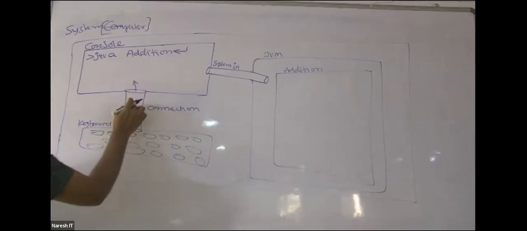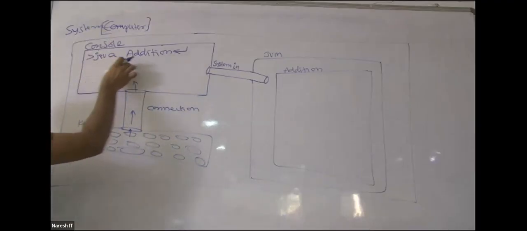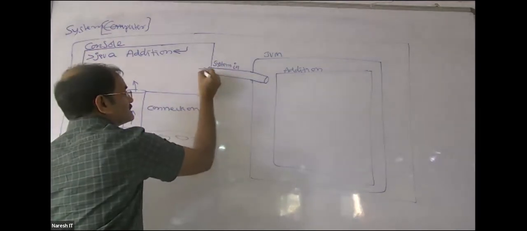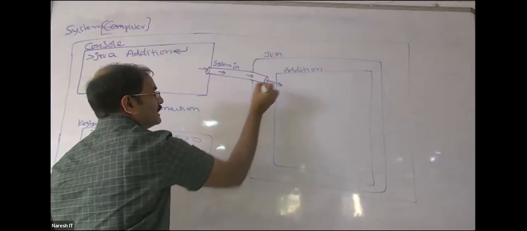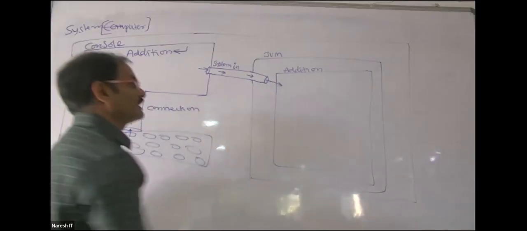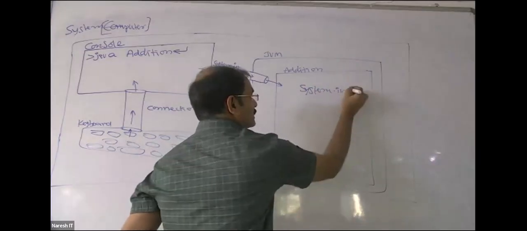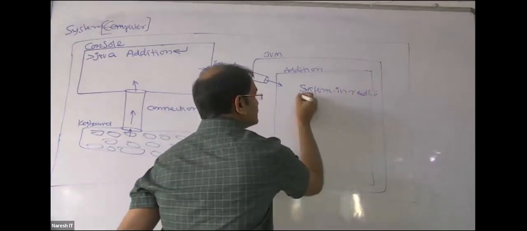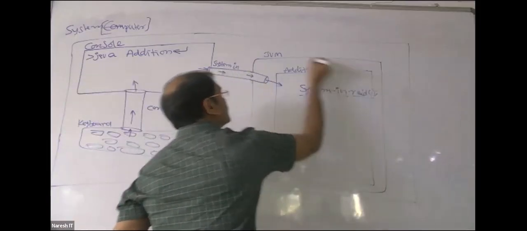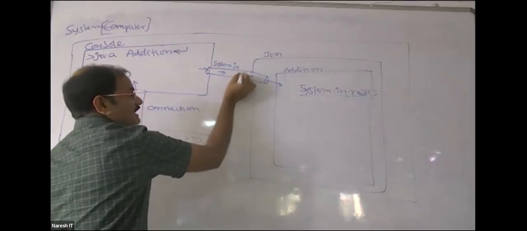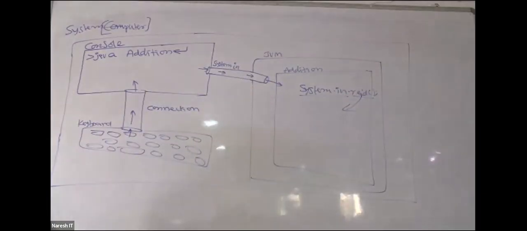The moment I press enter on the console, this data travels via System.in and is given to our Java program. In the Java program, you write System.in dot, what method do you call? The read method. System.in refers to this connection, and the read method goes into this connection object, reads whatever data is available, and gives it to your program. Understand now?